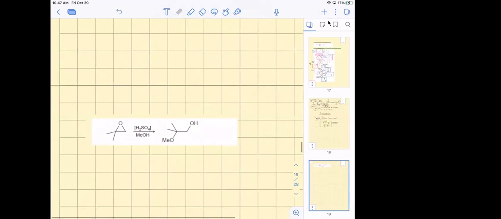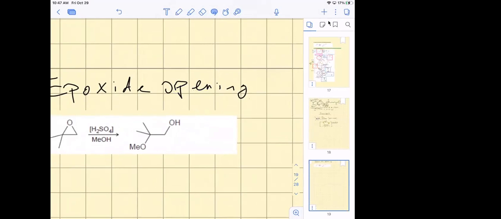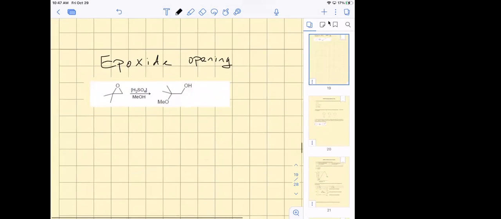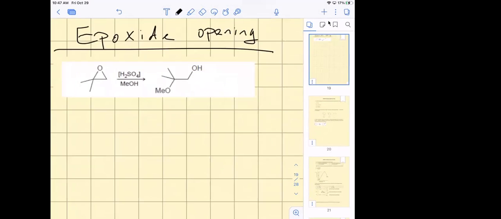So this is an example of epoxide opening, right? And when you open an epoxide, you need a nucleophile to do so. So you're going to add a nucleophile to it. And the conditions matter.